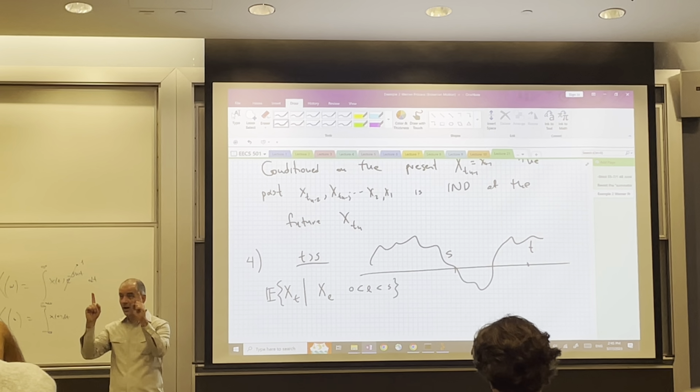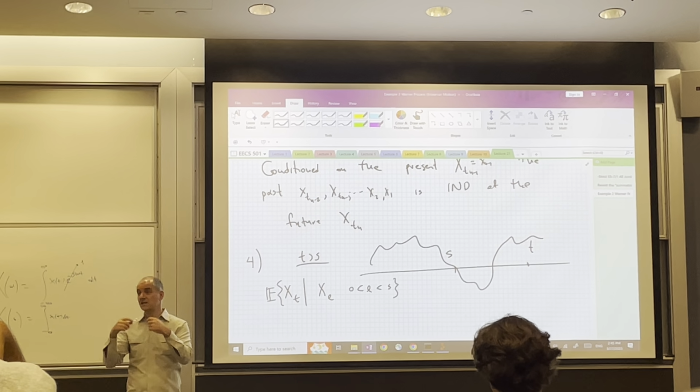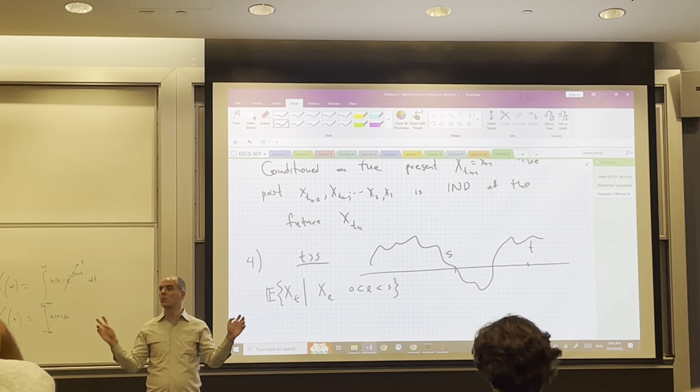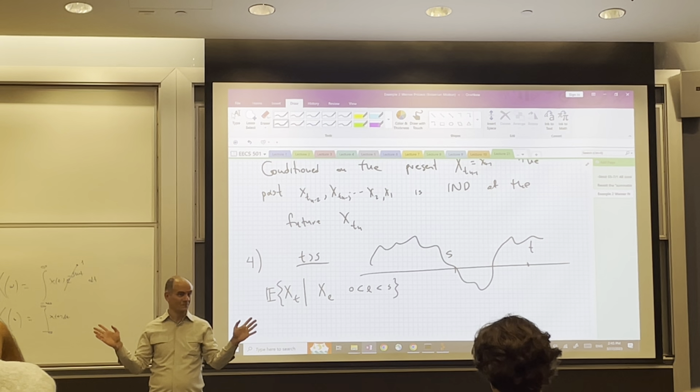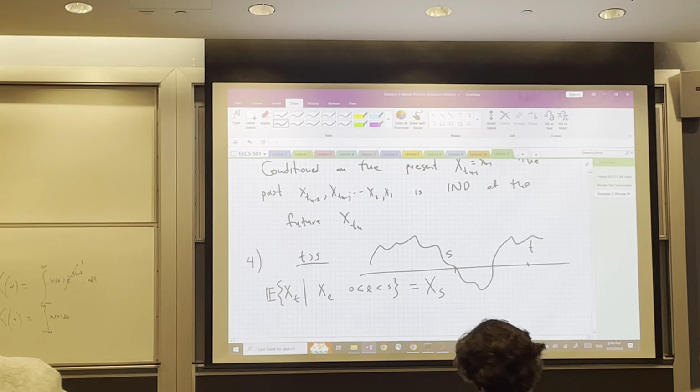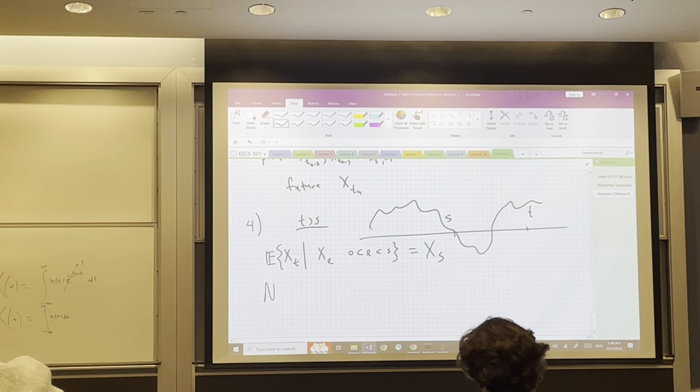$100. If I play a fair game, that is, if I play a game where winning or losing is equally likely. If that's the case, I claim that for this random process, this is equal to xs. Processes for which this is true are called martingales.